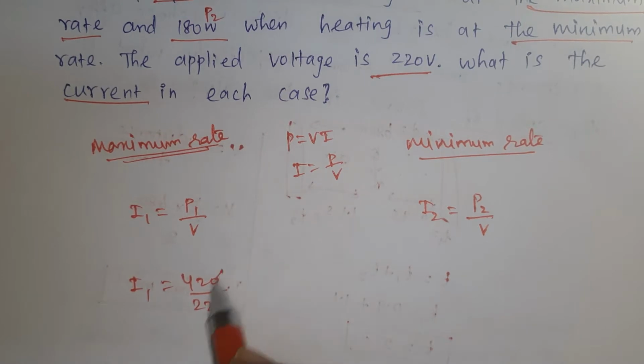If we cancel, 2 2s are 4, 11 2s are 22. So I1, if we simplify this, we'll get 1.9 ampere.